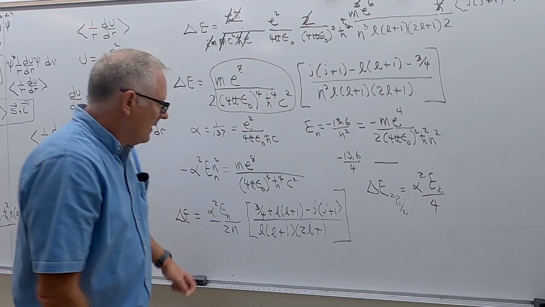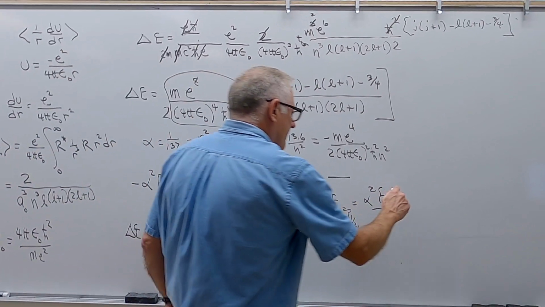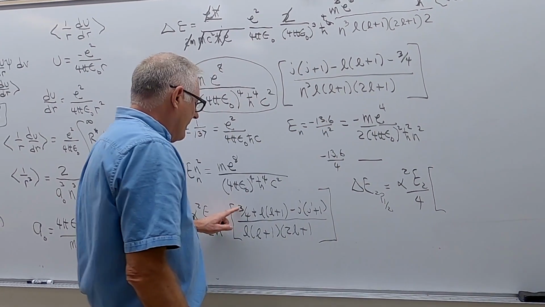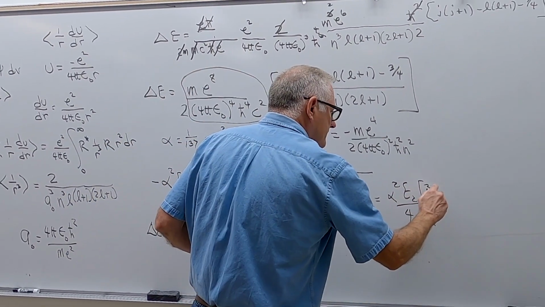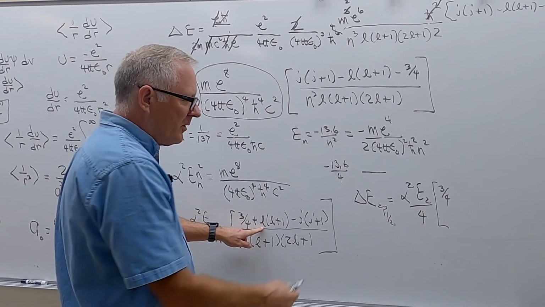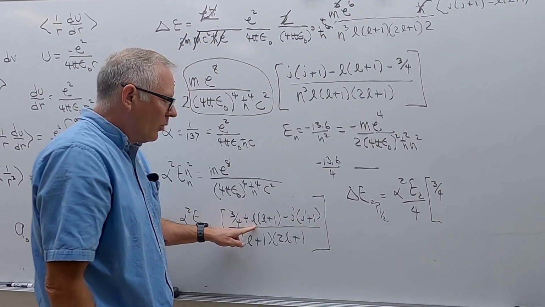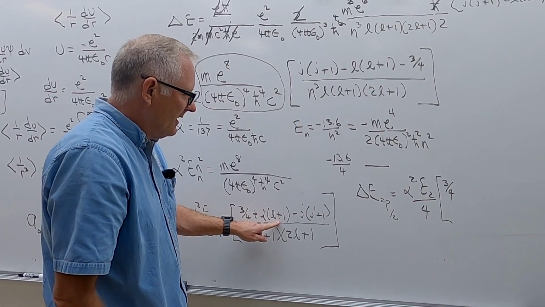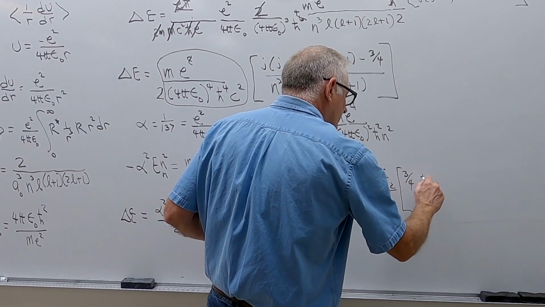And then over here we get 3/4 plus L, but we already know we're in the P state, so that's L equals 1. 1 times 2 is 2, so it's plus 2.